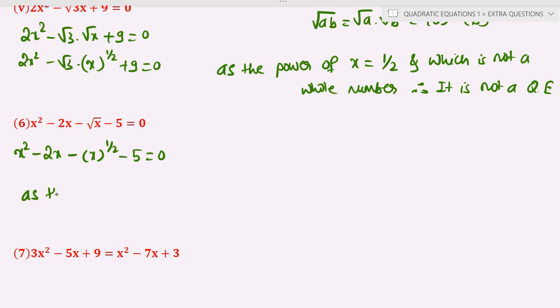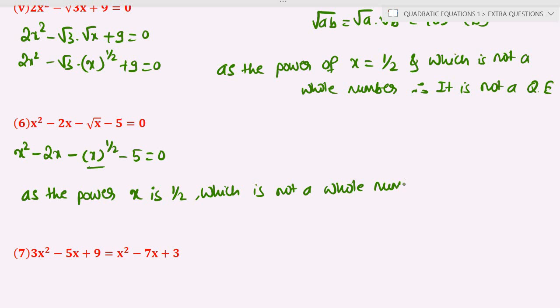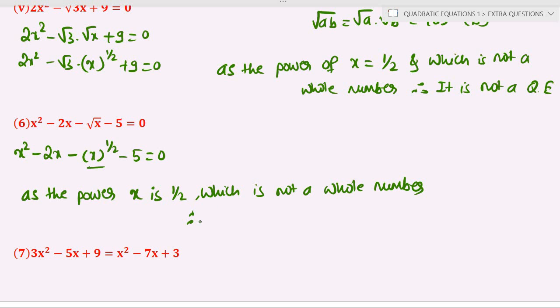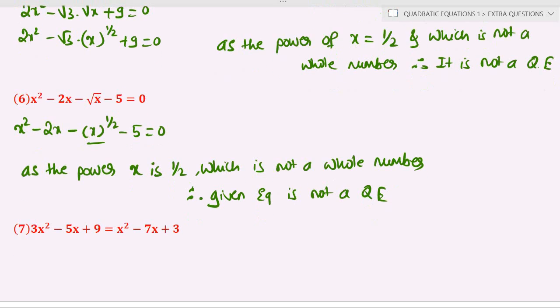As the power of x, that is the variable x, is 1 by 2, which is not a whole number, therefore the given equation is not a quadratic equation. Let us move to the next question.